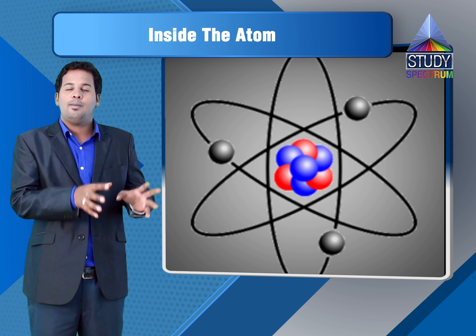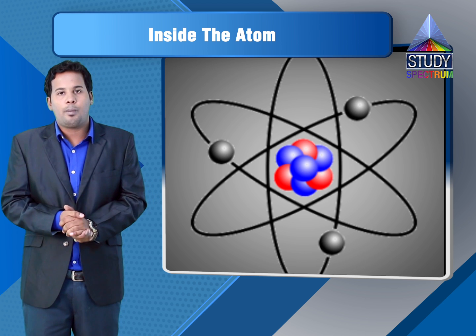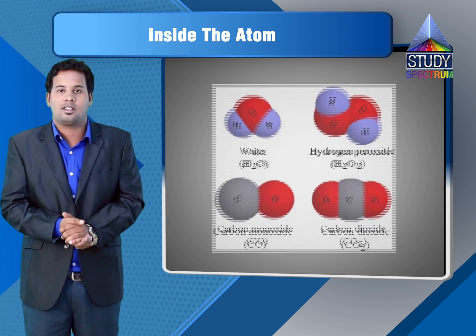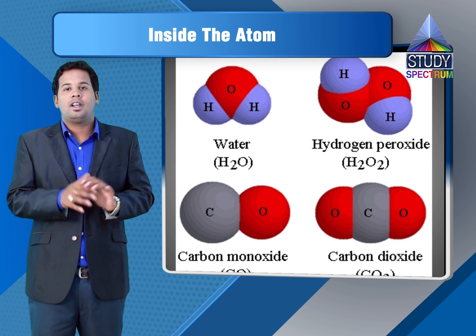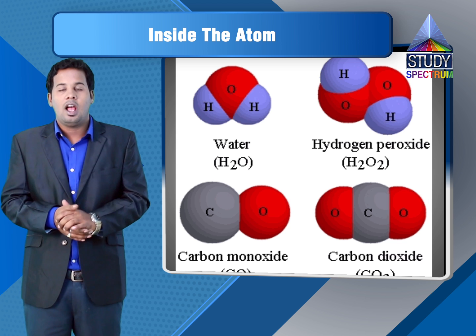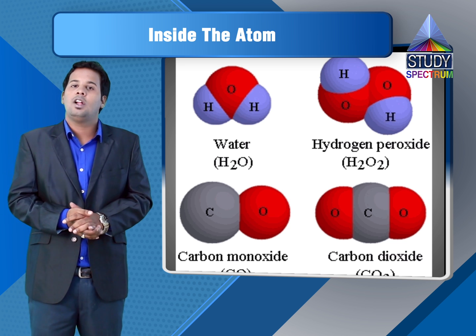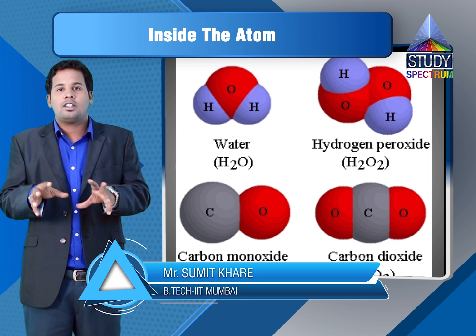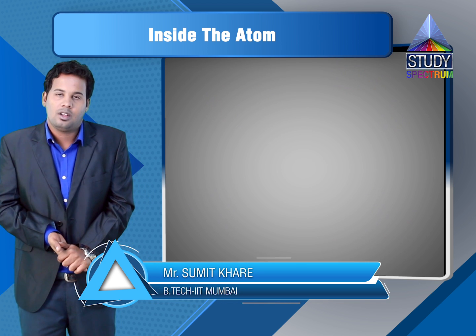Atoms of the same element are identical in all properties including mass. Atoms of different elements may differ in mass. Atoms cannot be created or destroyed, they can be reorganized to form molecules. And atoms of different elements combine in a fixed ratio to form molecules.